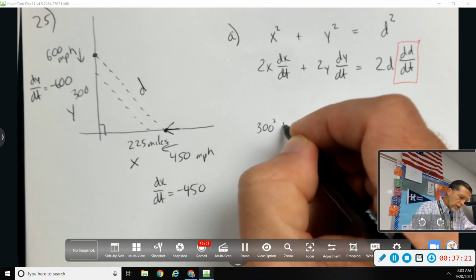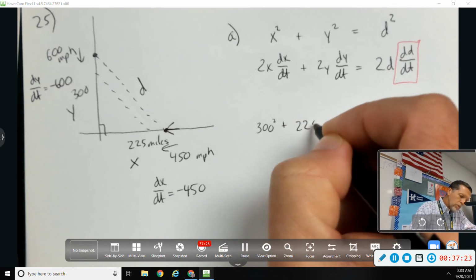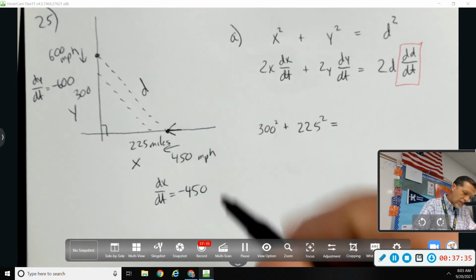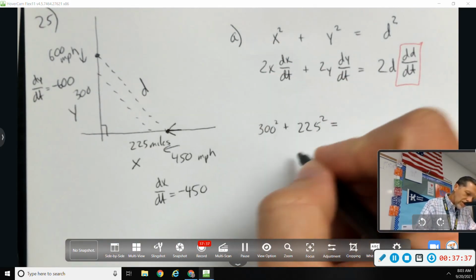300 squared plus 225 squared. Maybe that's a special right triangle, but it's so big I don't know what it is. It is. D is 375.